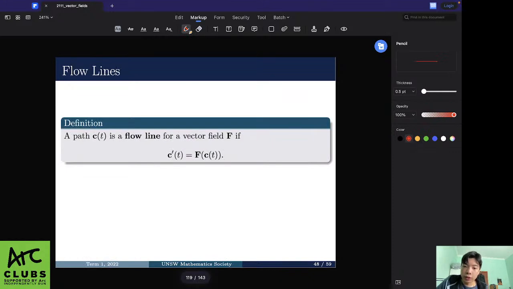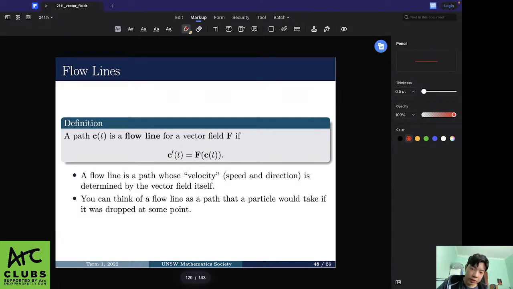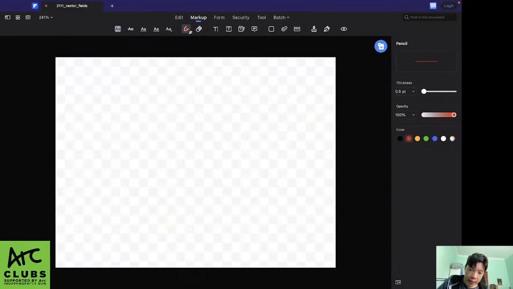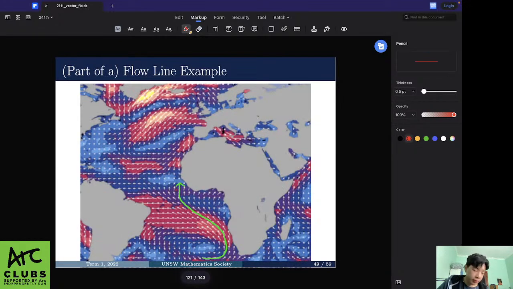Now, we have something called a flow line, and it's defined as a path c(t), where the derivative of c is equal to F of c. What this means is the velocity is determined by the vector field. You can think of it as, if you put a point down here, how would it travel through the vector field?